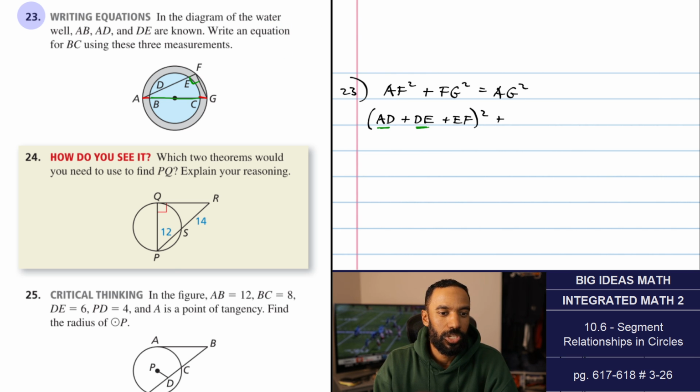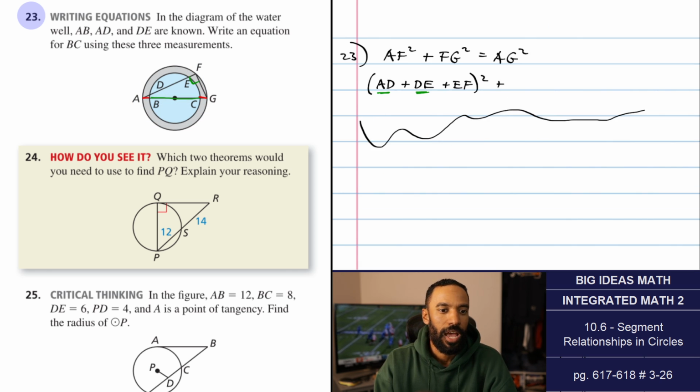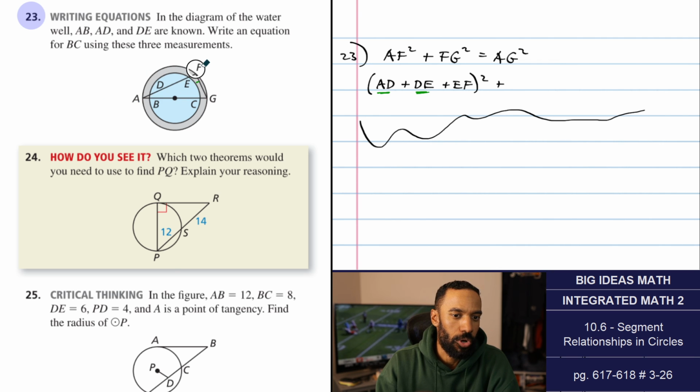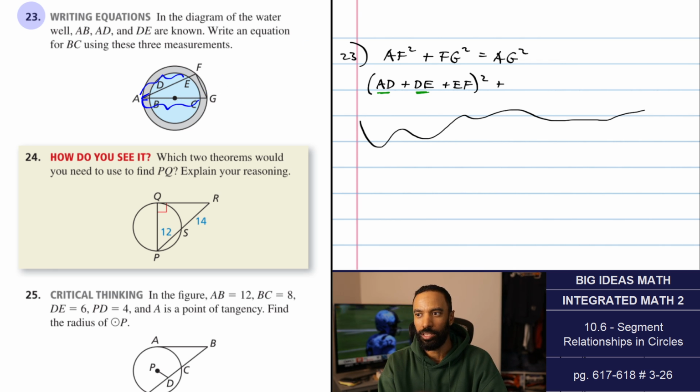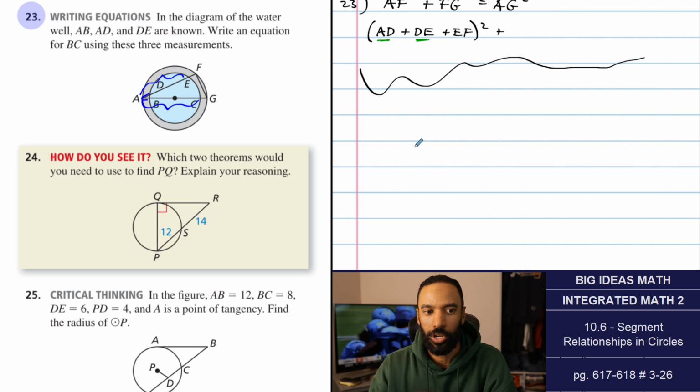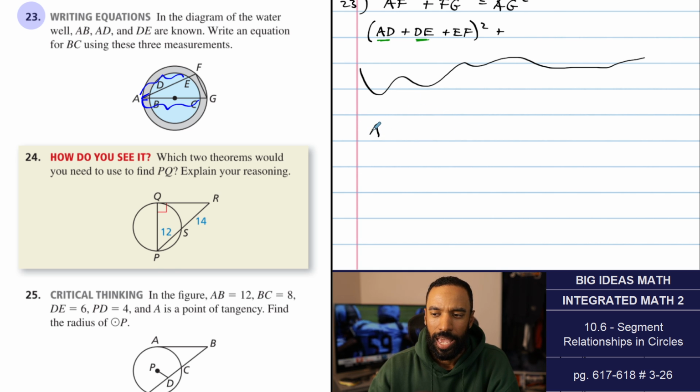Oh, time out. Okay, you know what I can do? Time out. Okay, maybe I can do something here. I'm going to leave that for a second. I can look more like outside times whole equals outside times whole right here. I'm looking at the AB, AC. I'm going to ignore the F and the G. I do have outside times whole equals outside times whole. I can just do that for now. Let me look at that because that's a circle within, right? So let's try this.